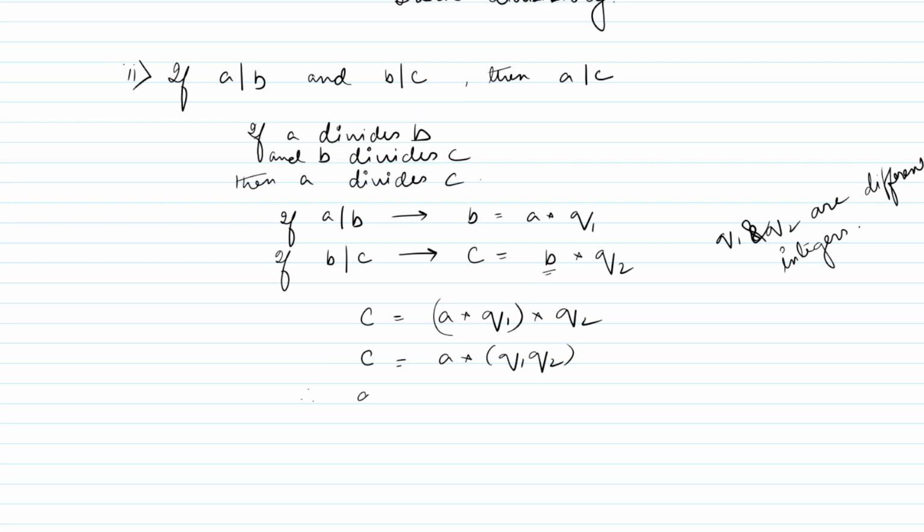Therefore, A divides C. Hence, divisibility passes down. All right.